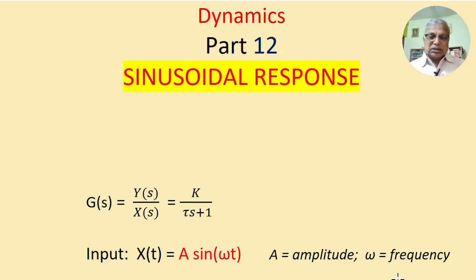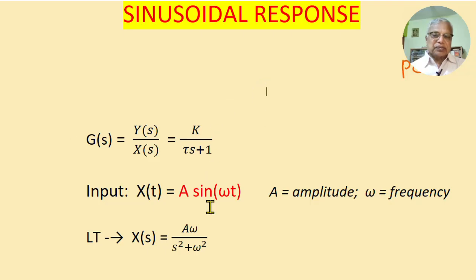More details about the sinusoidal input have been discussed in my previous lecture titled PC25. That lecture gives complete information about the sinusoidal input, how you write it, and what its features are. Now let us find the response of this first order system for this sinusoidal input, A sin omega t.